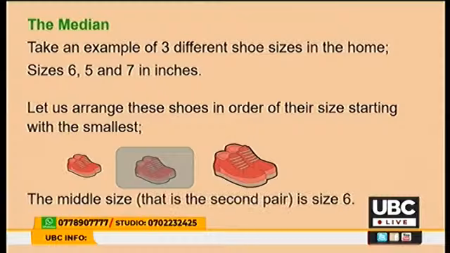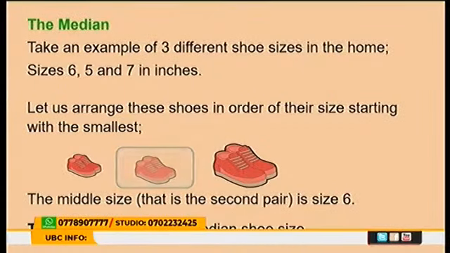Remember, we are looking at median. What is median? We see that the middlemost, the middle size, which is the second pair, is size 6. So what do we conclude? That our median shoe size is 6.